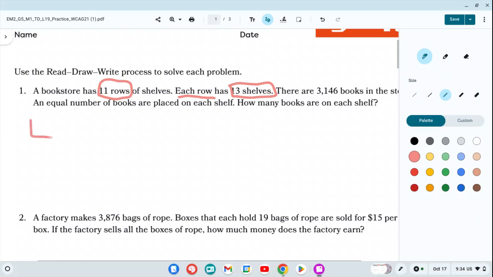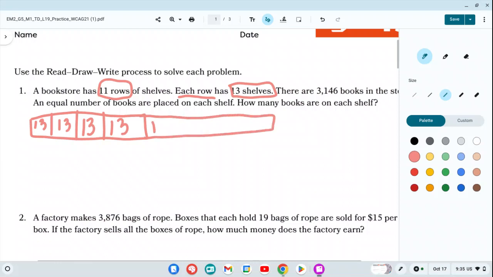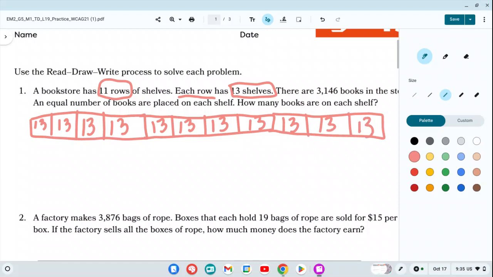If I have 11 rows with 13 shelves on each row, here's what that would look like. There's 11 rows, 13 shelves on each row.